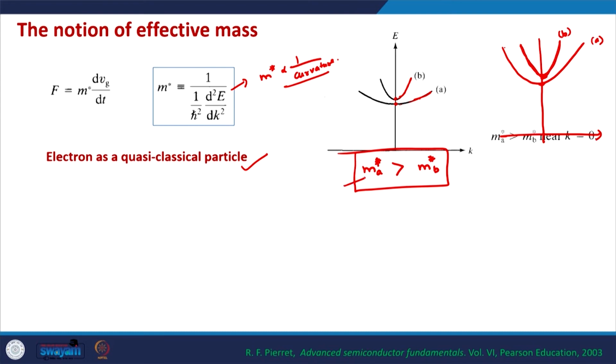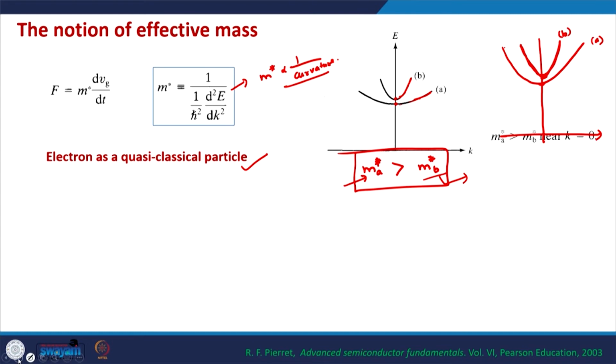Electrons in A behave as heavy particles and electrons in B behave as light particles. Okay. So, this is one interesting observation that we can deduce from the notion of effective mass and EK plots.